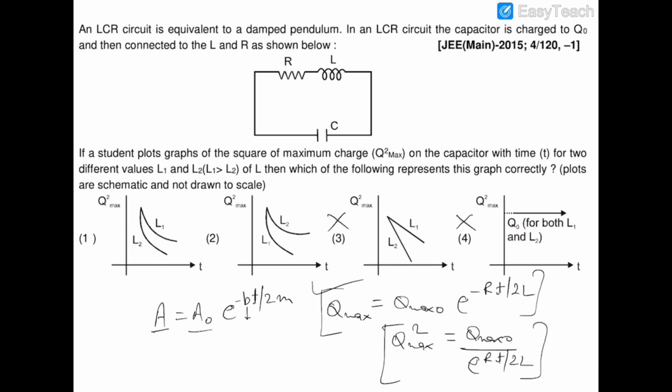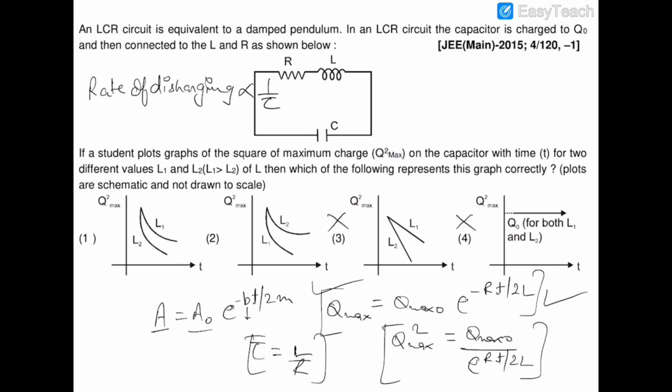And obviously you can see that the time constant of this decay depends on tau, which depends on L by R. So the circuit which will have greater inductance, greater L, will be the circuit in which the rate of decay would be slower. We all know that the rate of charging or discharging is inversely proportional to the time constant, and the time constant is directly proportional to the inductance.